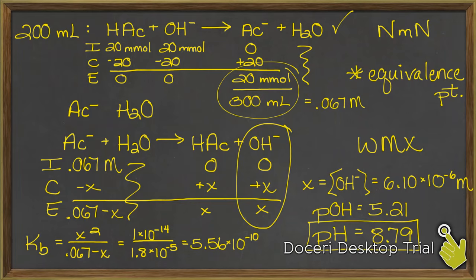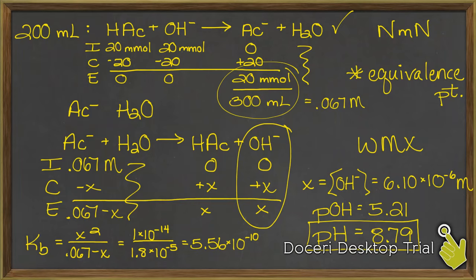Now, whew, that was a lot of work. Let me say this first. You only have to do these double ice table situations at the equivalence point. Let me say that again. You'll notice that we have two ice tables.